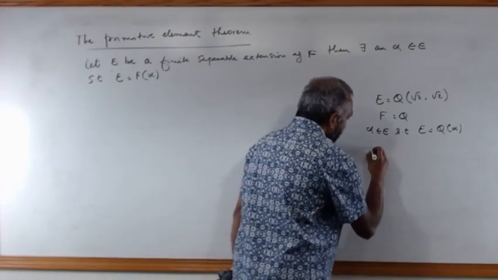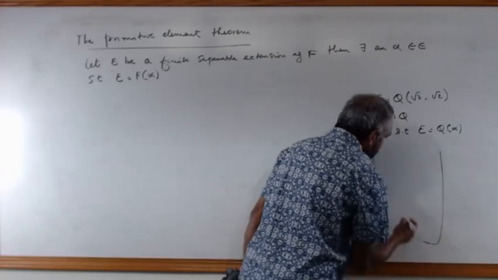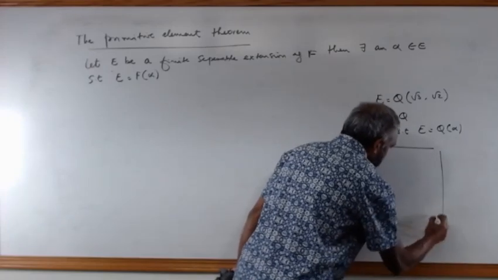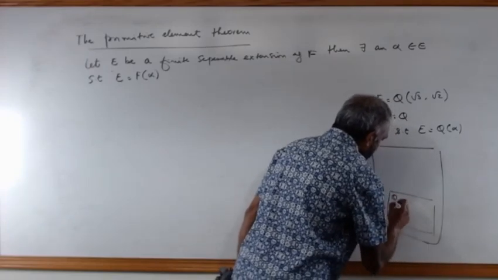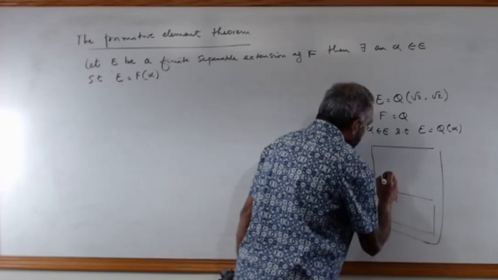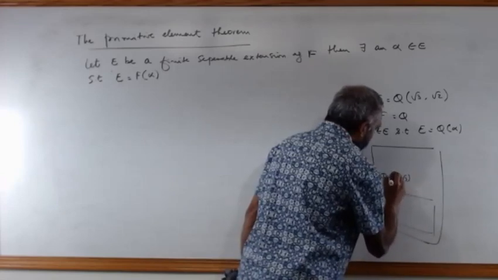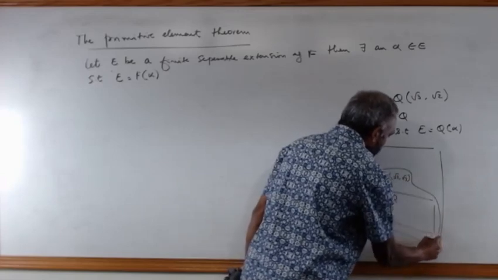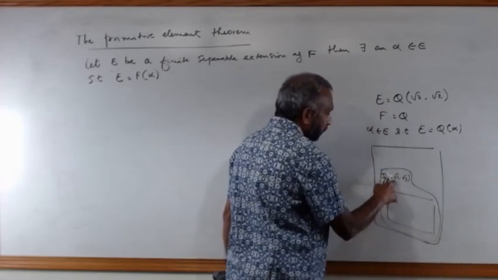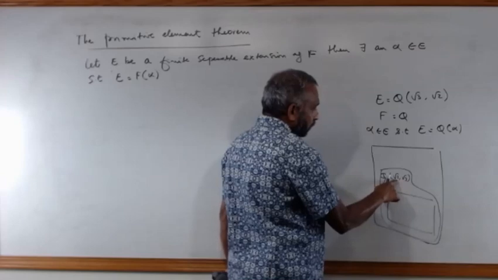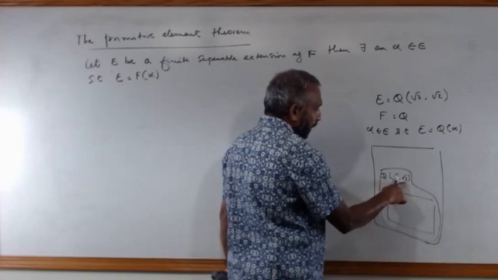So what is happening here is there is a Q here, so Q of root 2 comma root 3. This actually depends on two values, root 2 and root 3.